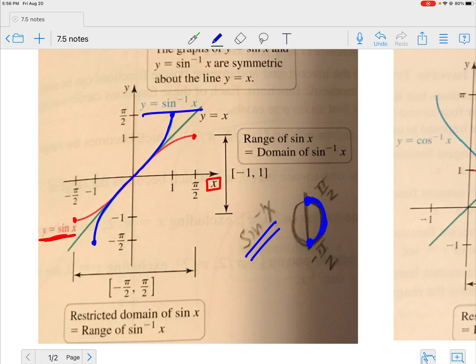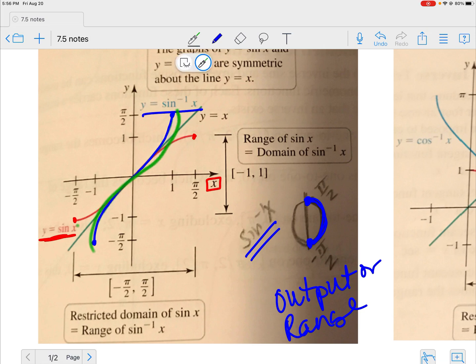So back to that unit circle. You guys got to know your unit circle. When I'm talking about inverse sine, my output or my range, let's put that in here, is going to go from negative pi over 2 to pi over 2. All right, so it does go right around the 0 here that we're looking at. It just makes it nice and easy.